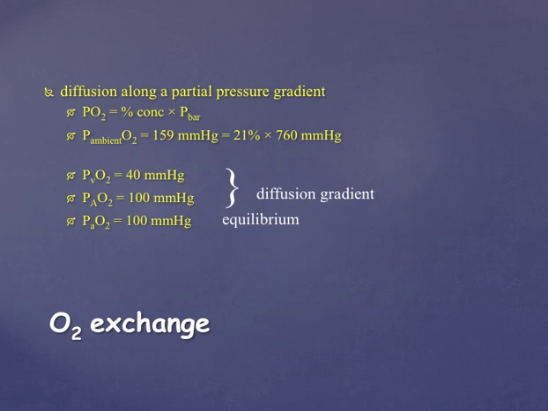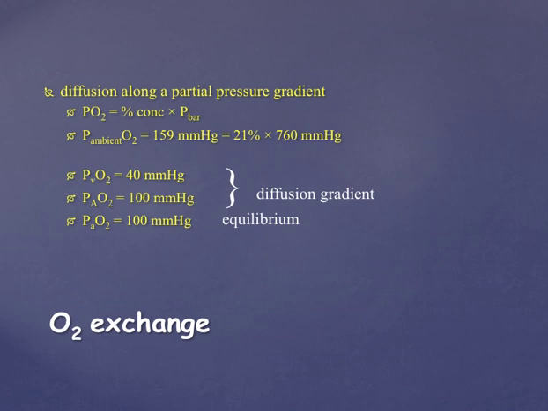So that P capital A, the alveolar PaO2, is a fuzzy snapshot of a dynamic situation. But it describes quite well what the alveoli look like on average, why we have a diffusion gradient, and what arterial blood looks like as it leaves the heart and lung.